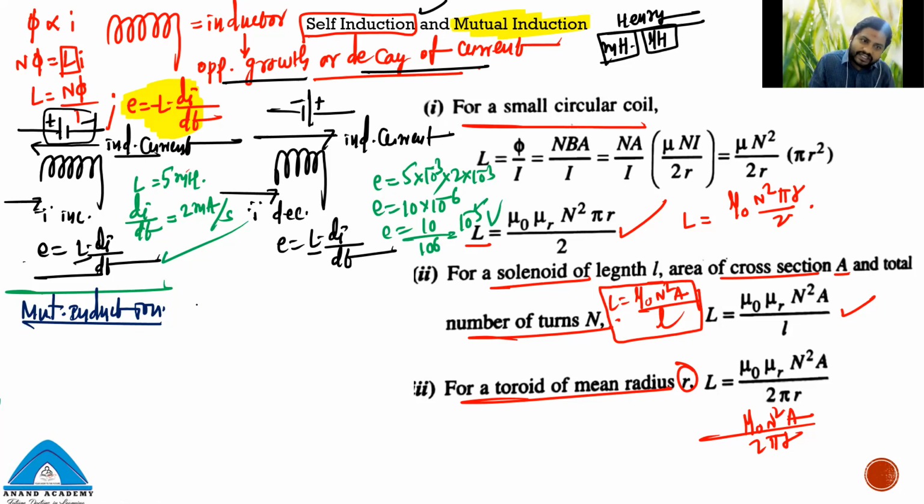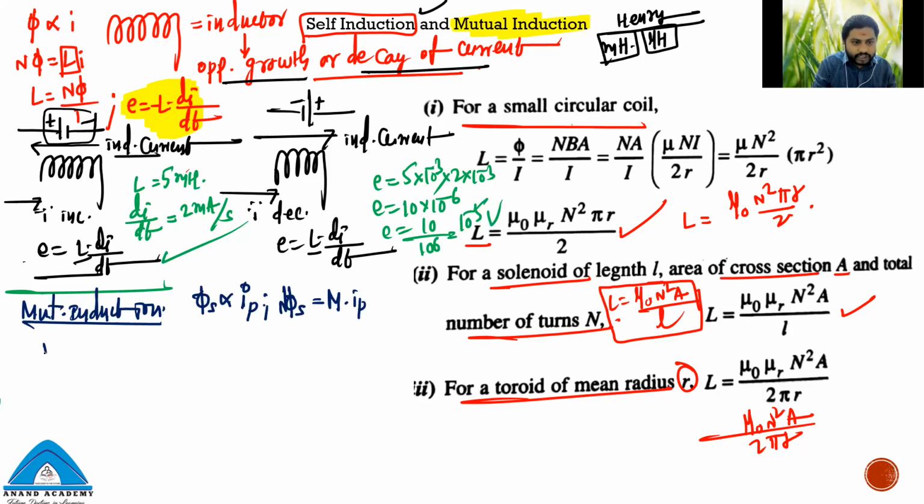So mutual induction is the phenomenon where the magnetic flux linked with a secondary coil is directly proportional to the current passing through the primary coil, right? Magnetic flux linked with the secondary coil is directly proportional to the primary current. So phi suffix s, with n turns, is equal to the mutual inductance or coefficient of mutual induction M into IP.